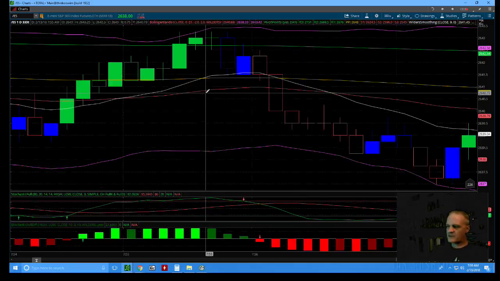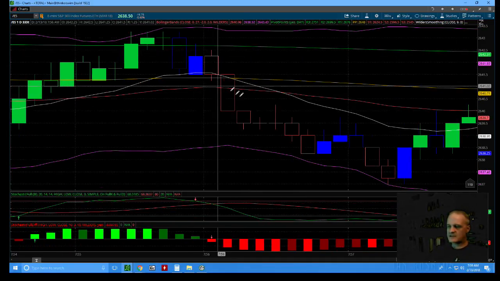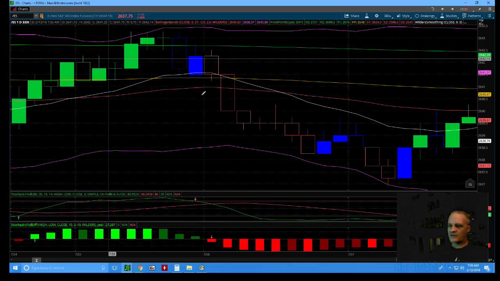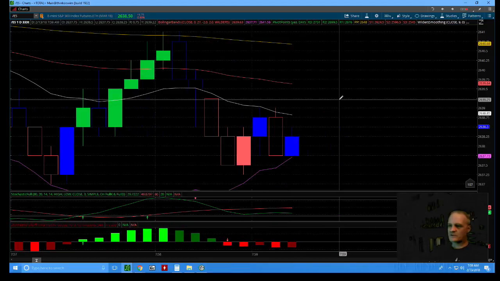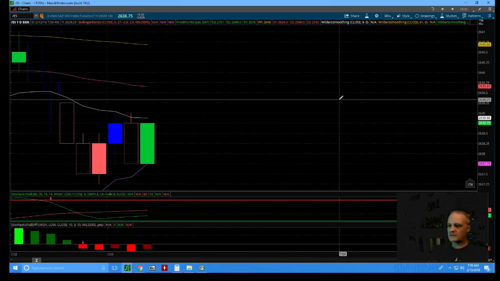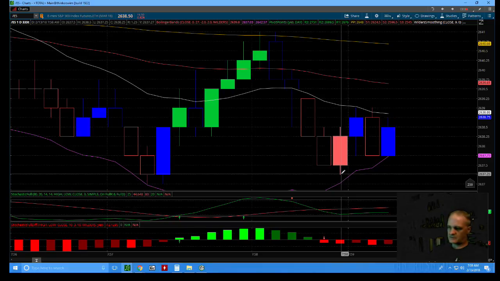So in determining if there's a downward trend, you want to see lower highs, lower lows. You want to see that happening. Another thing is, a lot of times trend reversal can be signaled when you have a low point.